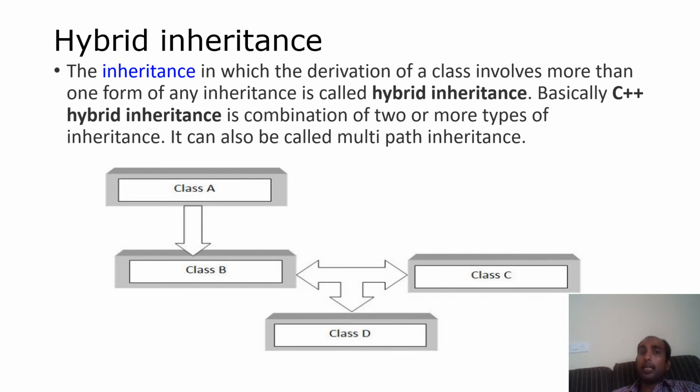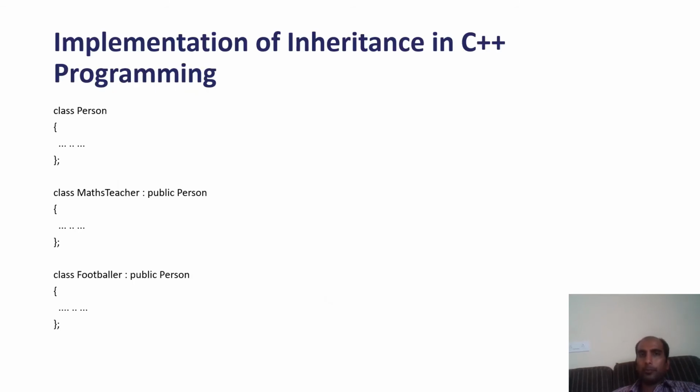It is the inheritance in which the derivation of a class involves more than one form of inheritance. So in C++, hybrid inheritance is a combination of two or more types of inheritance. It can also be called multipath inheritance.